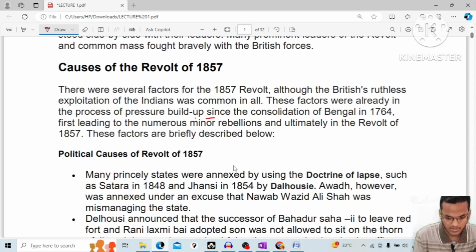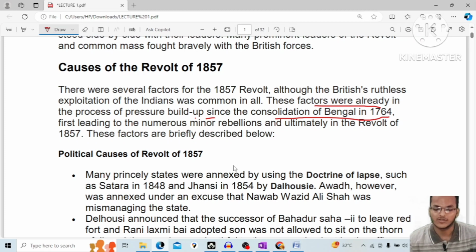These factors were already building up in pressure since the consolidation of Bengal in 1764, when the Britishers won the Battle of Buxar.